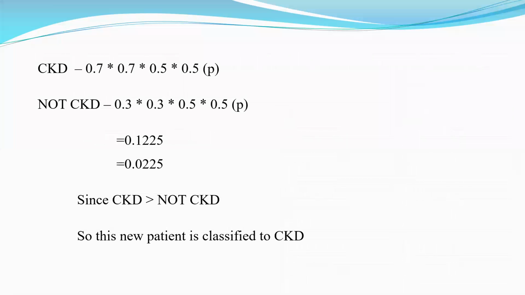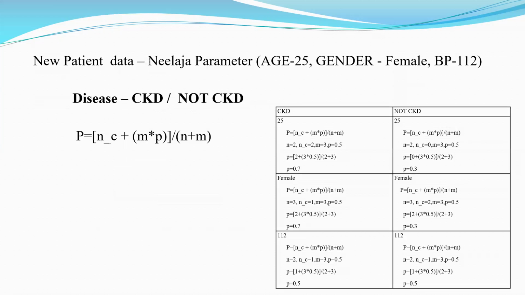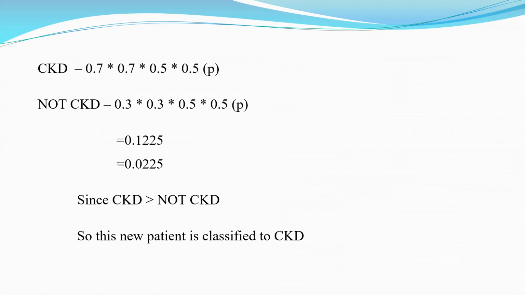For determining the final value, we multiply all the values which we have got, that is 0.7 from the age, and 0.7 from the gender, and 0.5 from the BP rate, and multiply it with the final probability, that is 0.5.